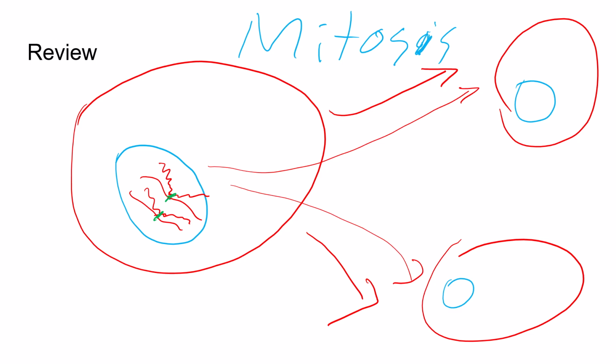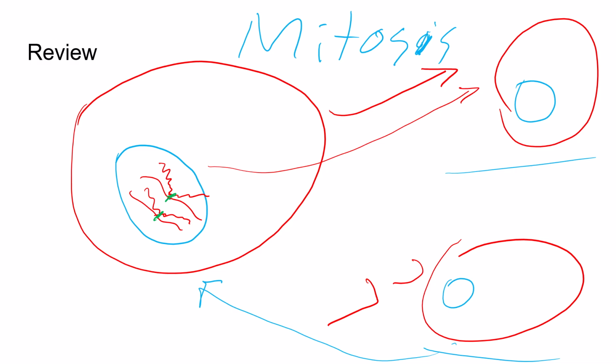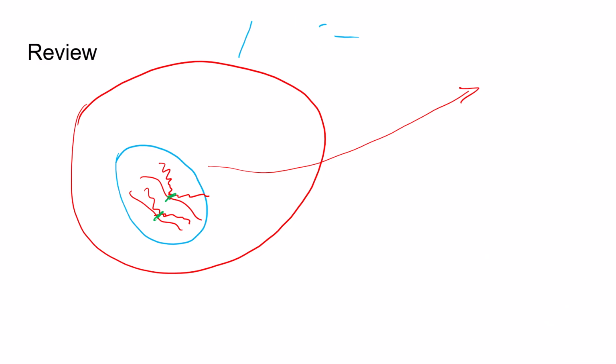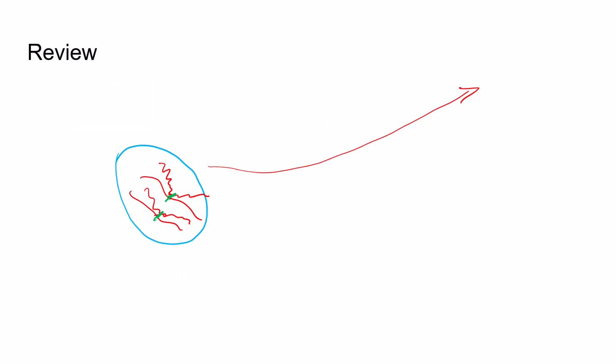When this happens, both the new cells are the same. They each have the same DNA from the cell before. So that is like if you went to the copy shop and you made a photocopy of a piece of paper. You make 2 equal copies.